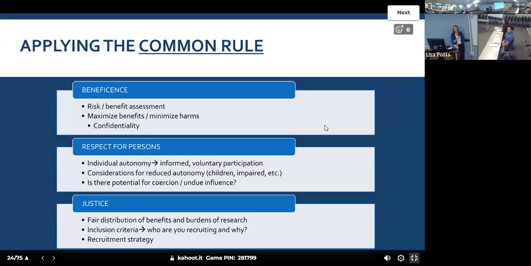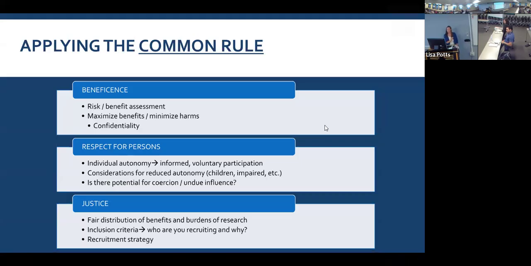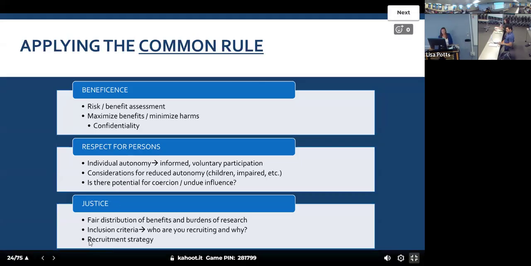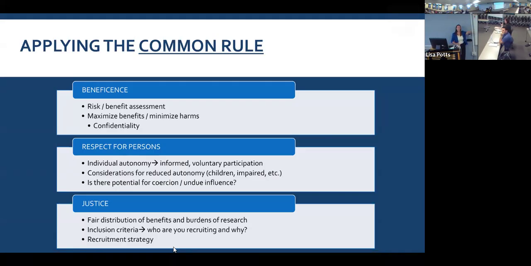So, summarizing all of these things, I would probably argue that recruitment strategy could be listed under all of them. And again, I think that's one that a lot of people overlook, and we do not get much detail on the recruitment strategy or even sometimes the consent process. The consent form will be there, and the consent form is good, but we need to know how you are going to obtain that consent.